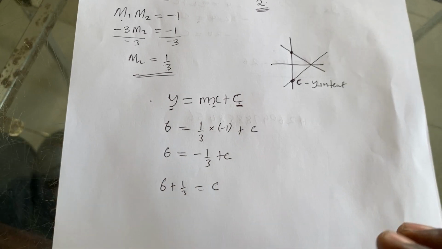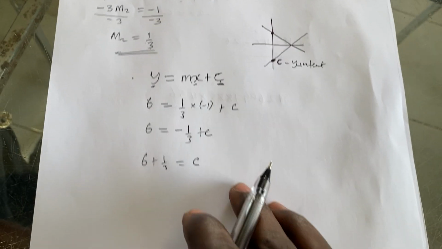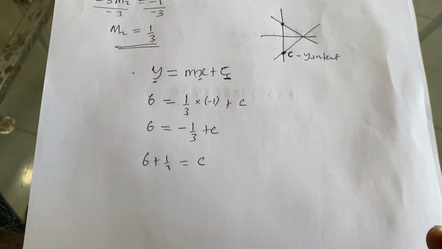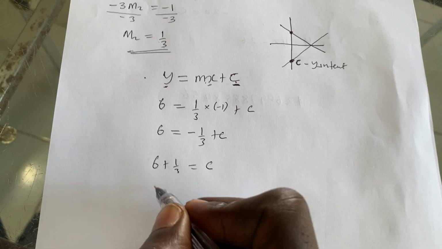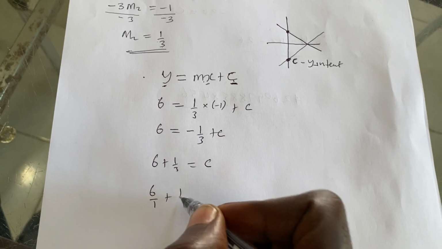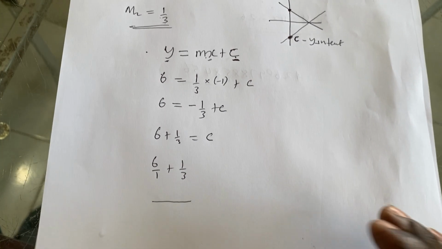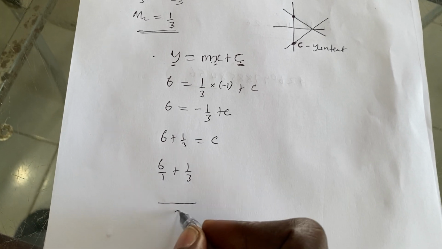So here, you can solve using the grade 1 method. I'm sure some of you are still familiar with the grade 1 method. So we're going to say, okay, 6 over 1 plus 1 over 3. Then we look for the lowest common denominator of 1 and 3, which is 3.